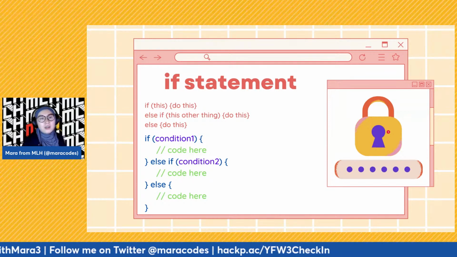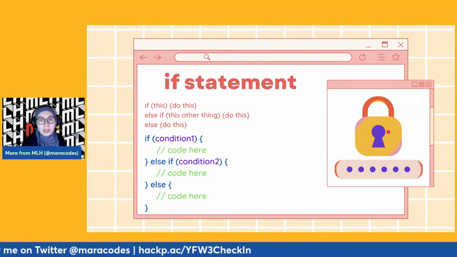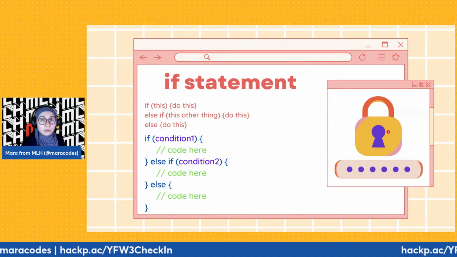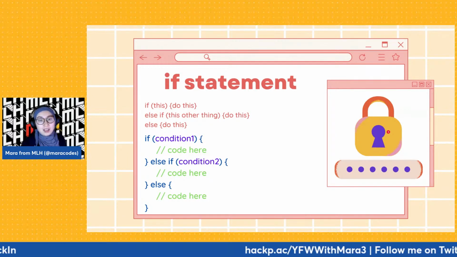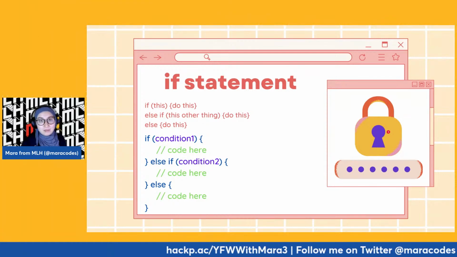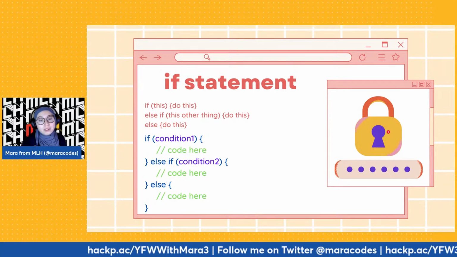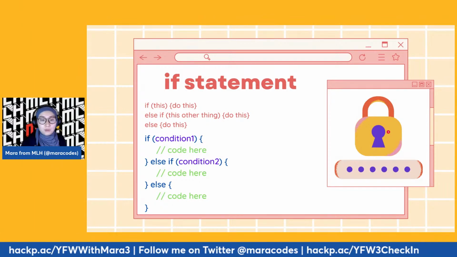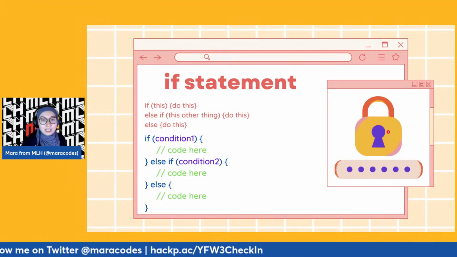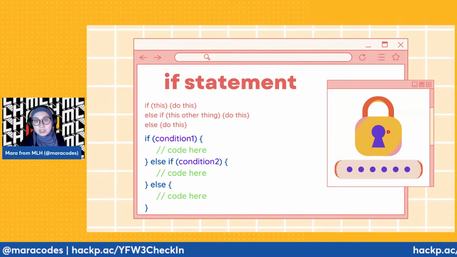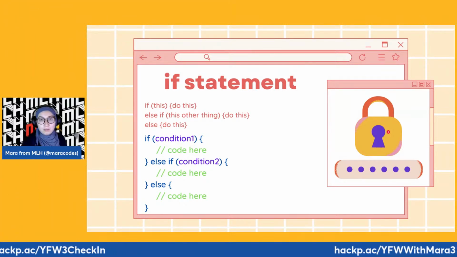And so it's going to check for condition 1. If it's true, then it's going to run that code and then skip the rest of these. However, if it's false, it's going to move on to the else if. It's going to see if it's true, and run that code underneath. If it's false, it's going to move on to the next one.